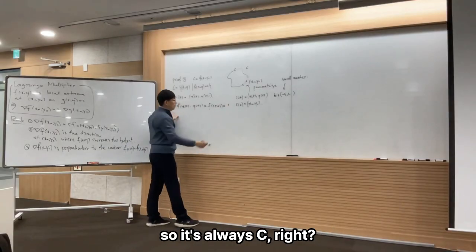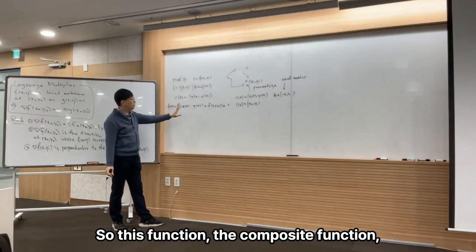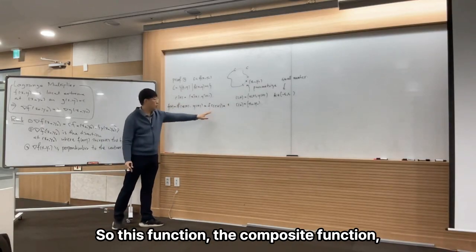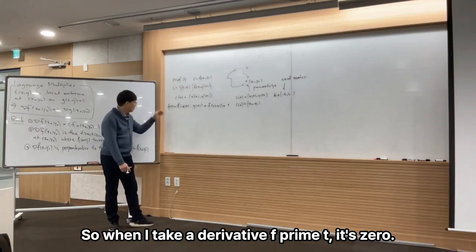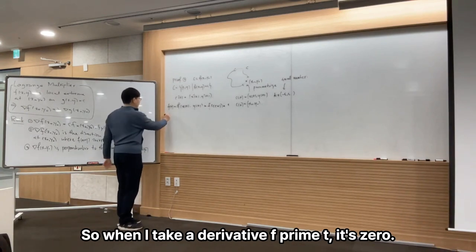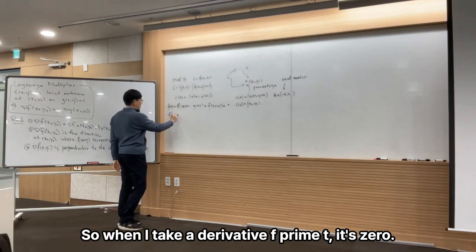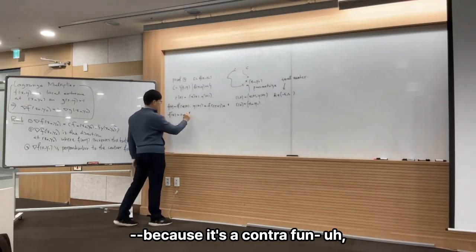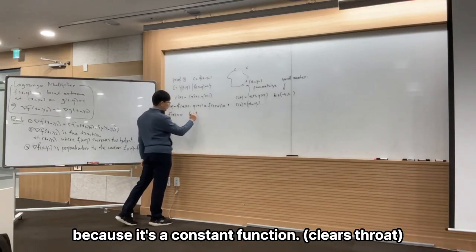This composite function is actually a constant function, so when I take the derivative, f'(t) is 0.